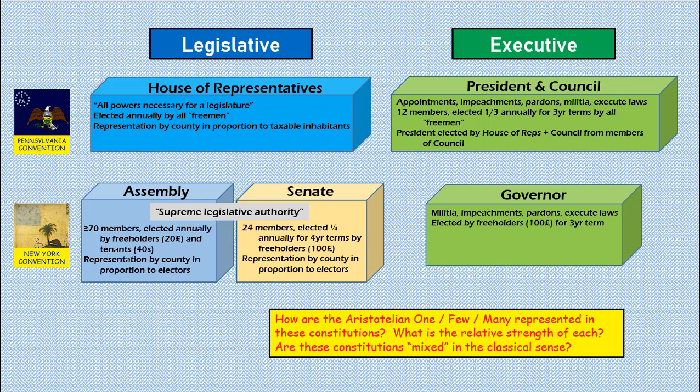Well, there is, of course, a kind of correspondence between the one and the executive, especially if, as in the case of New York, you have a single person occupying the executive office. But even in the case of the plural executive in Pennsylvania, there is the idea that the executor can't be held back by procedure and the mechanics of holding debates. If you recall Rousseau, the great advantage of the rule of the one is that it is the most efficient and the most powerful form of government.